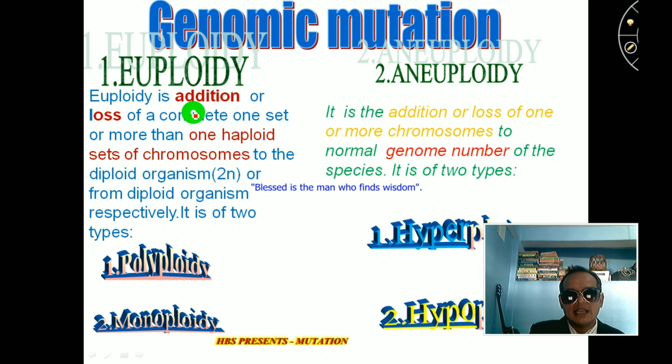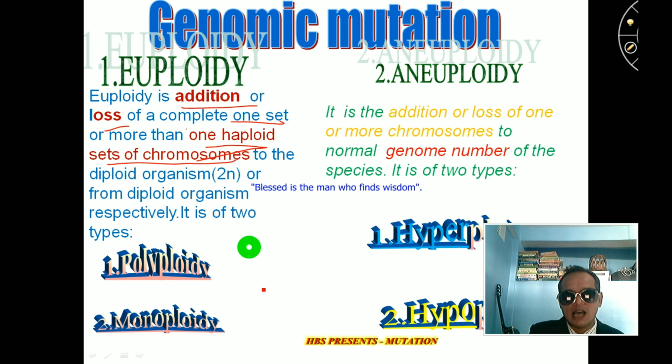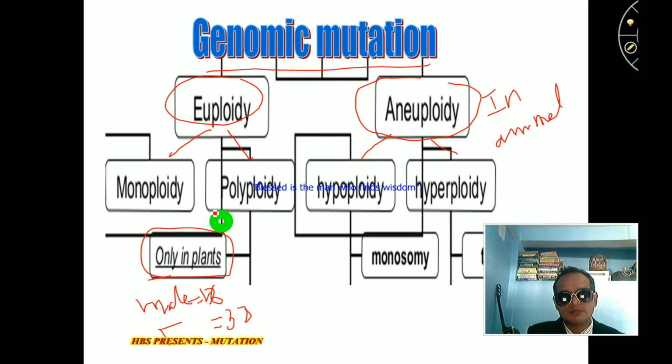Euploidy is addition or loss of a complete set. Just keep that in mind: one set, or more than one. So what is that one set? One haploid set. We understand haploid cells have half the number, n number of chromosomes. So you already have 2n chromosomes here.